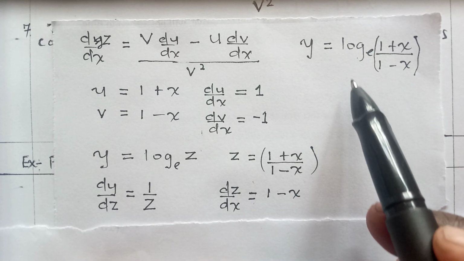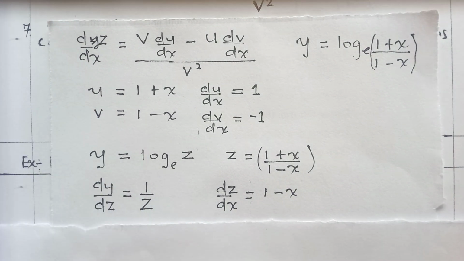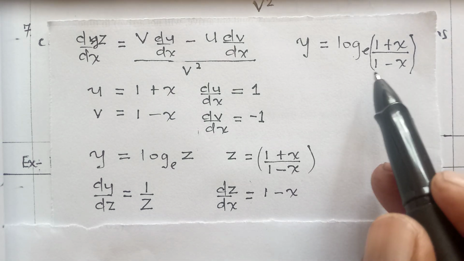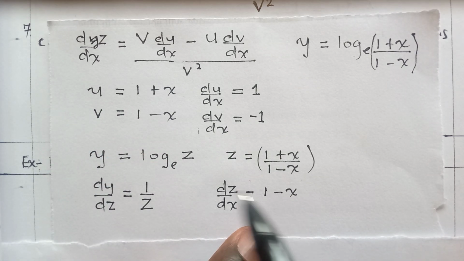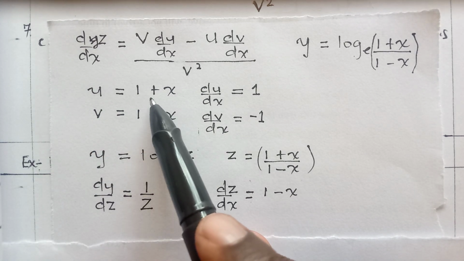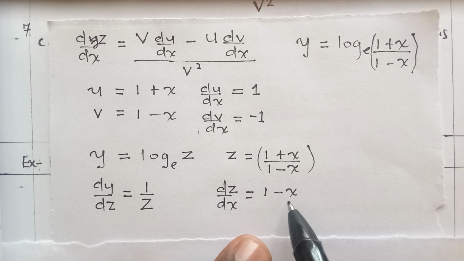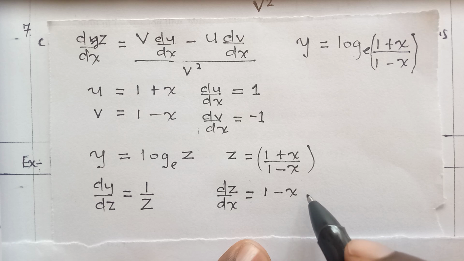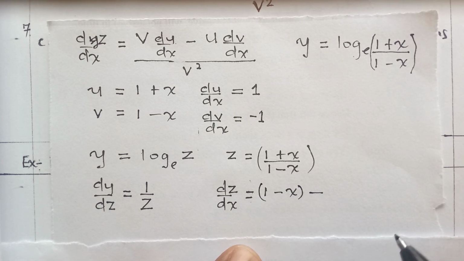So I have written the question here so that we can actually have it near us, so we don't make a mistake, or we are able to refer back to the question. So here we have the u. The u is here 1 plus x. This is dv. This is v, 1 minus x. Then we go to du. For du over dx, then we have 1. Then minus, you can put that into bracket.